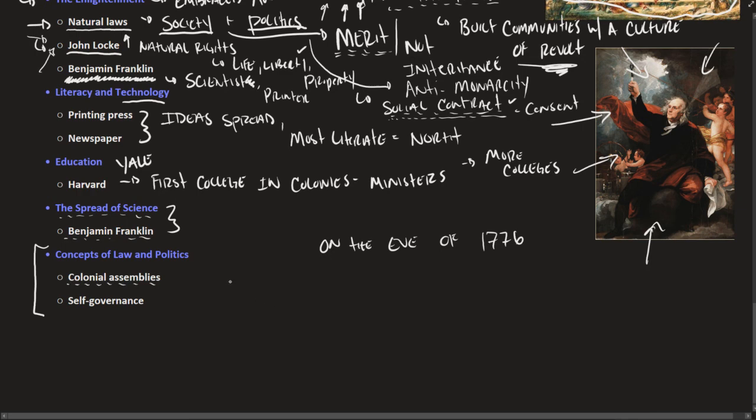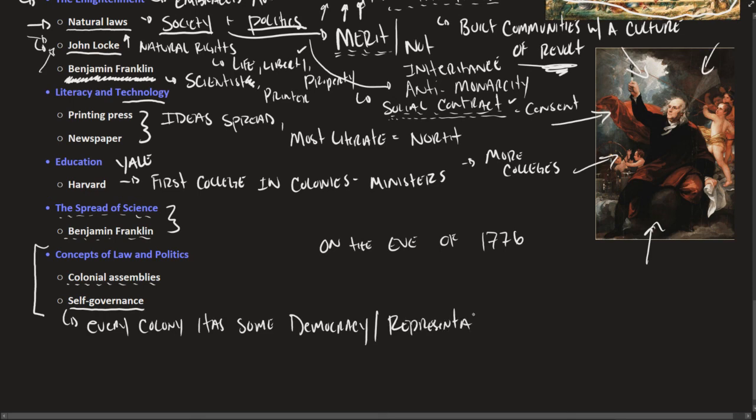So for the most part, in all 13 colonies, governments slightly differ, but there are some similarities. For the most part, every colony has some democracy, representative government, right?